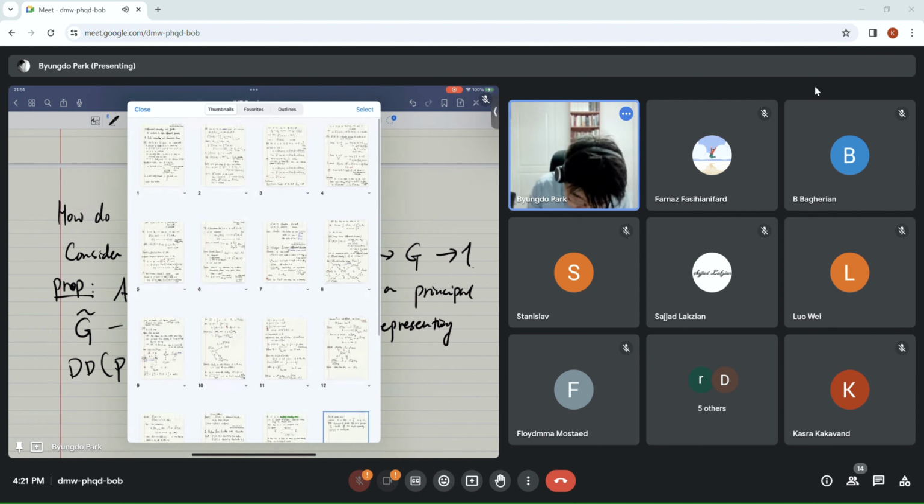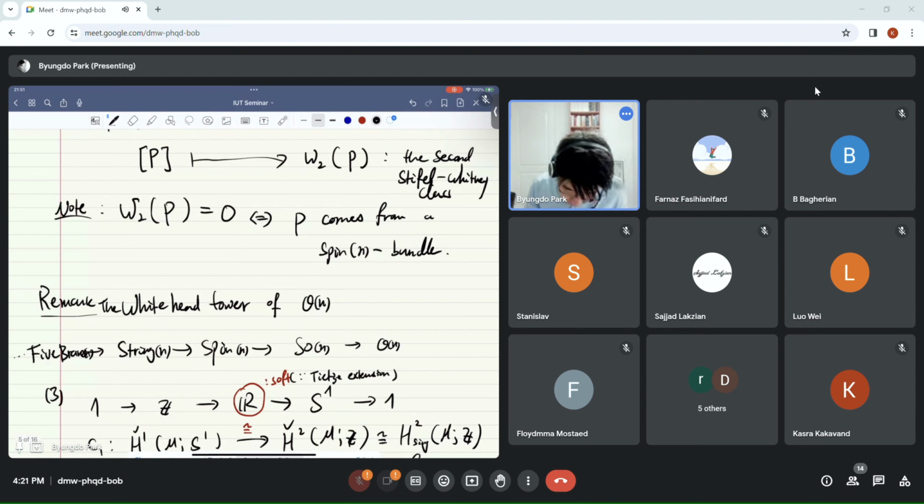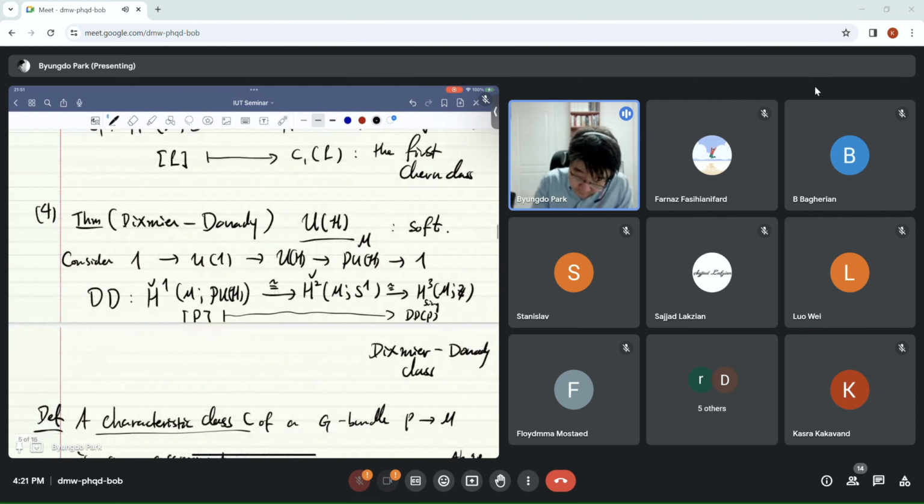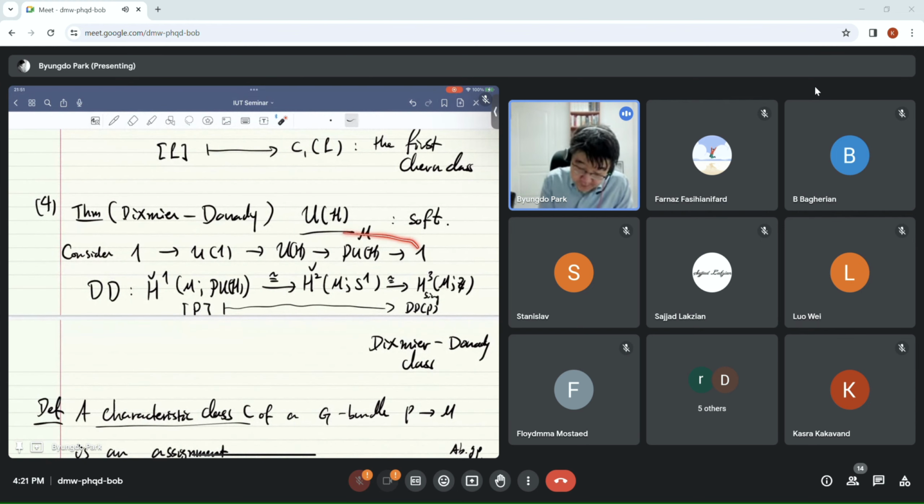So earlier, in the first lecture, we looked into this. We consider a version of this short exact sequence. Then we looked at this DD being a map from degree 1 Čech cohomology with values in PU(H) that goes into Čech cocycles valued in S^1 in degree 2.